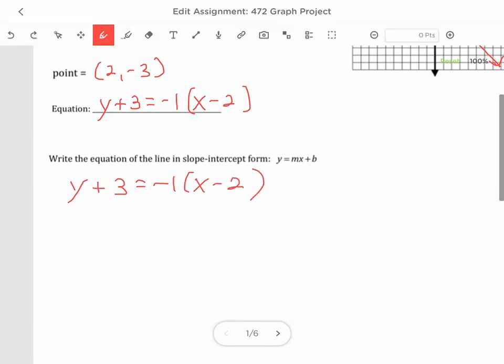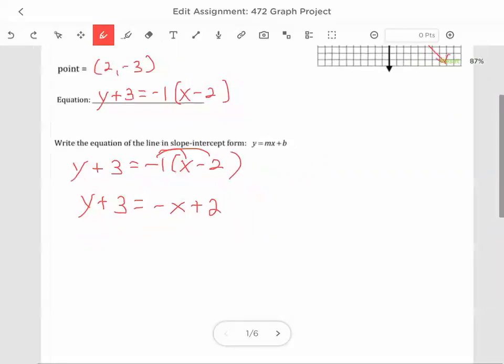And what we're going to do is solve it for y. So I'm going to distribute the -1 first. So I have y plus 3 equals -x, -1 times x. And then -1 times 2 is plus 2.